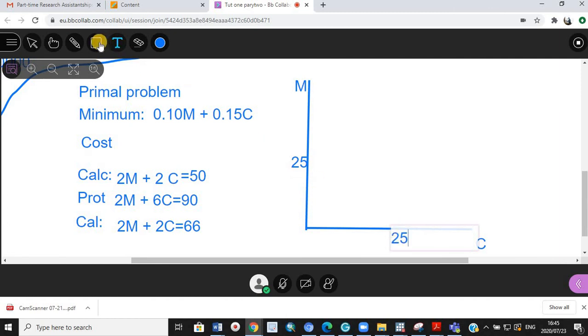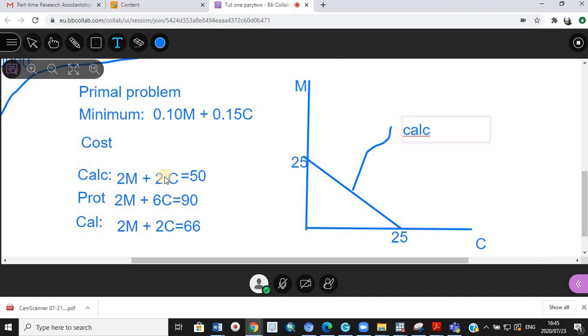And I will do this. All right, very good. So I will just say this is calcium. Very good.